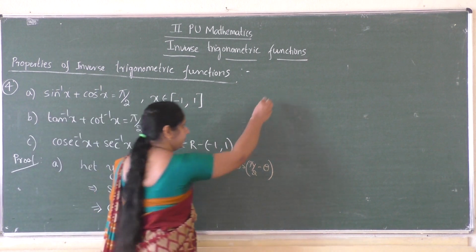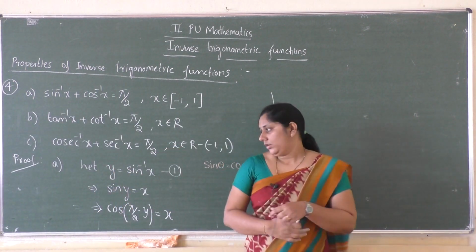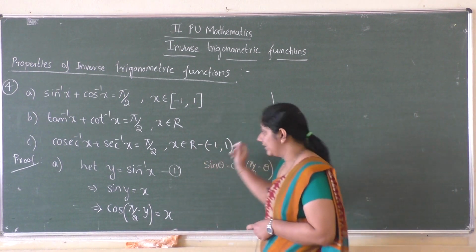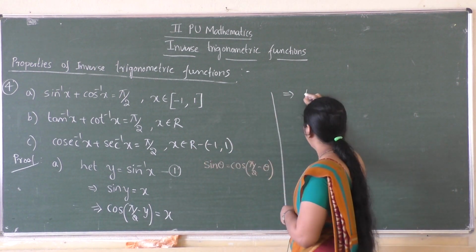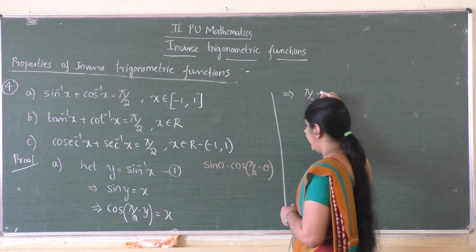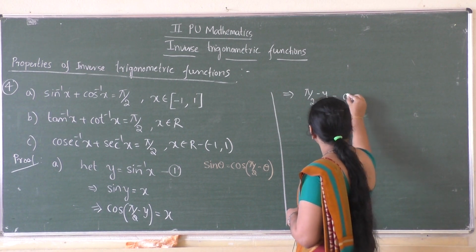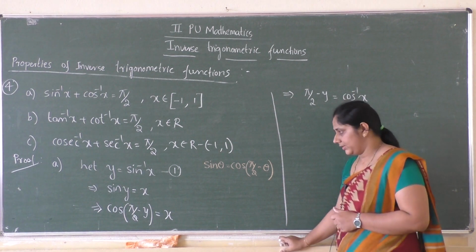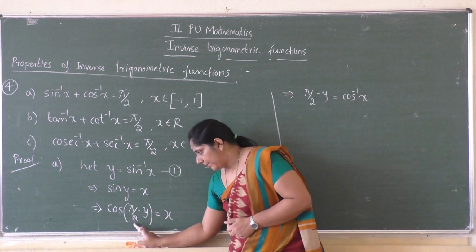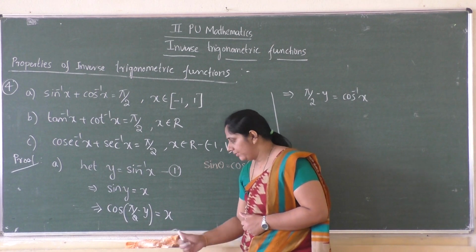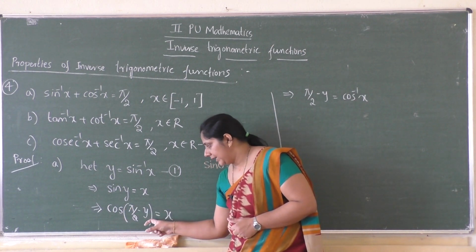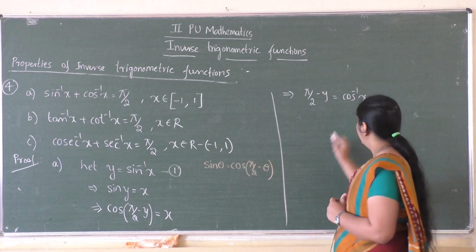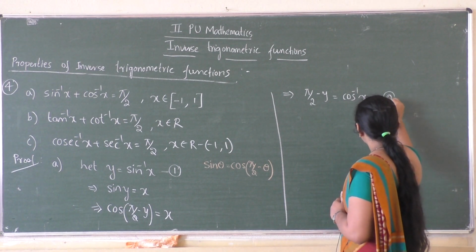Now cos of pi by 2 minus y equal to x can be written as pi by 2 minus y equal to cos inverse x. I will take this as equation 2.